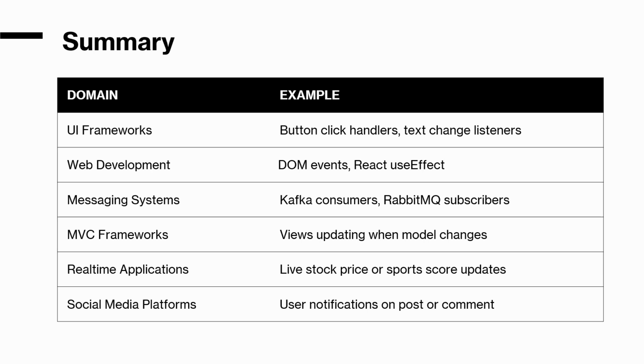Then in the MVC framework, you can also see the observer design pattern where the view gets updated whenever the data or the model changes. Observer design patterns can also be easily seen in real-time applications. For example, live stock price updates, weather forecasting and sports score updates, where the dashboard gets updated once the score gets updated.